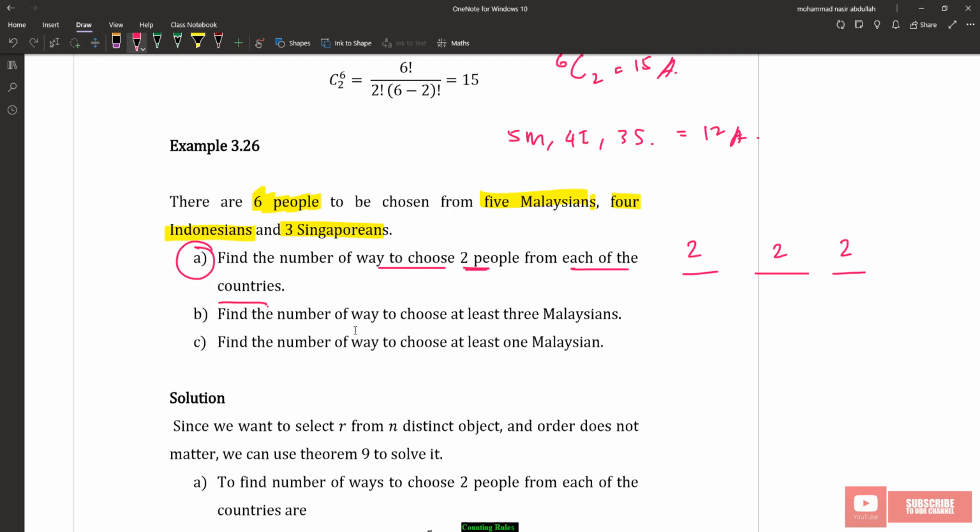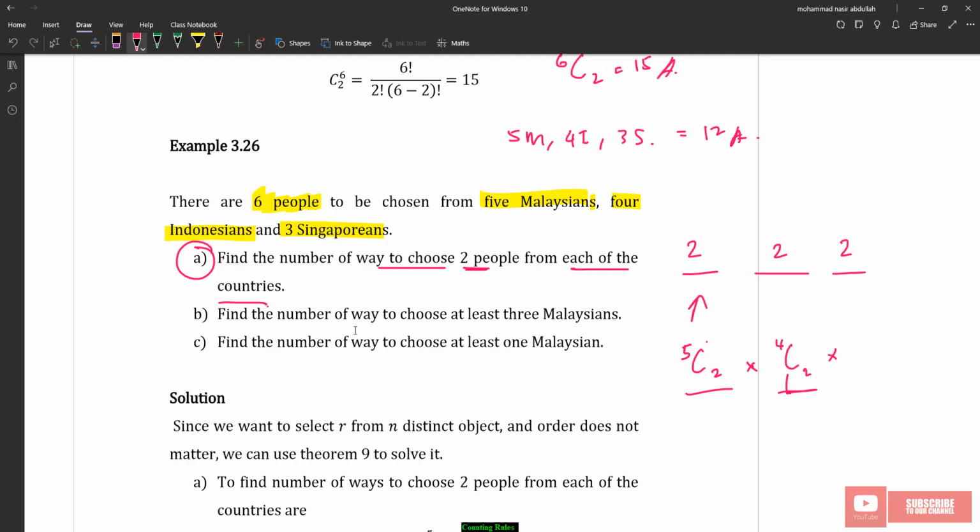So how to choose 2 people out of 5 people in Malaysian? That is 5 choose 2 for Malaysian. And multiply, we want to choose 2 people out of 4 Indonesians, 4 choose 2.